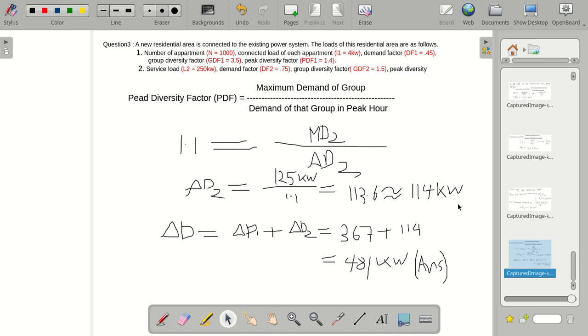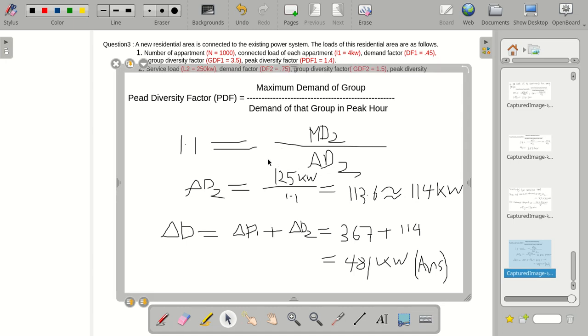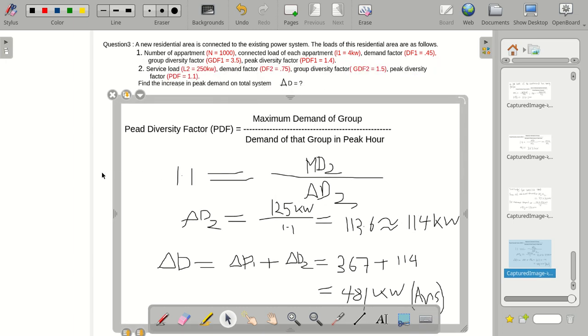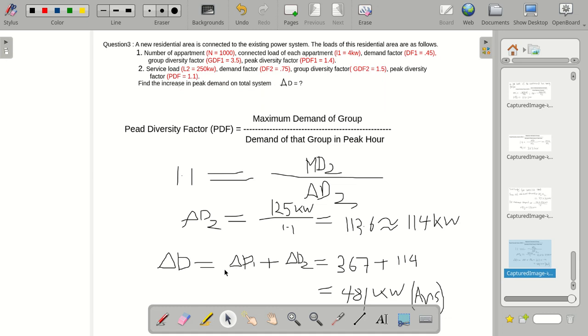So the increase in peak demand of the system should be delta D1 plus delta D2, which is 367 plus 114 kilowatt in total. So the answer is 481 kilowatt.